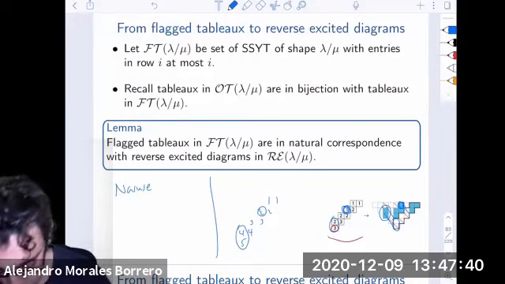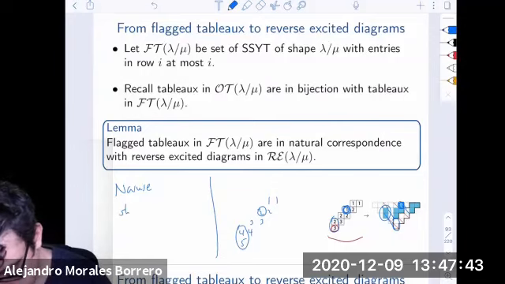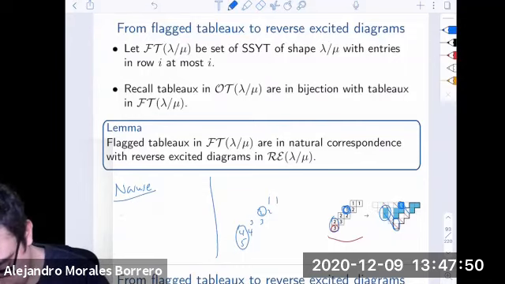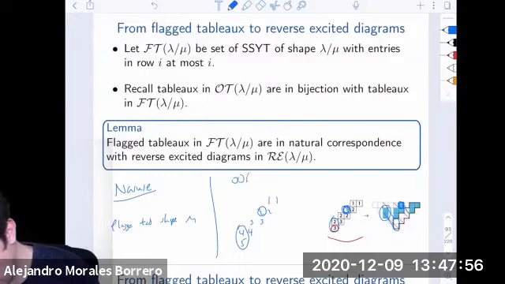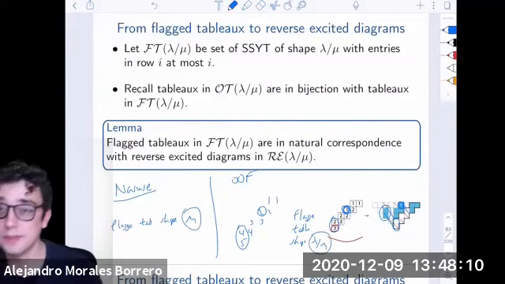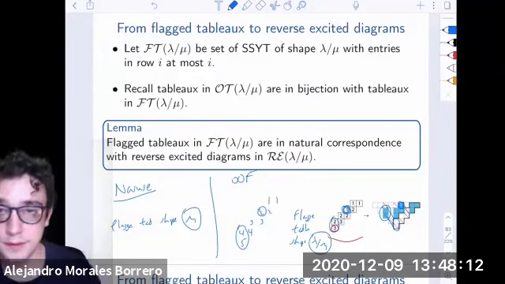In Naruse, the excited diagrams are flag tableaux of shape mu. In Okounkov-Olshanski, they're flag tableaux of shape lambda mu. So you see, it's a different shape and different flags.